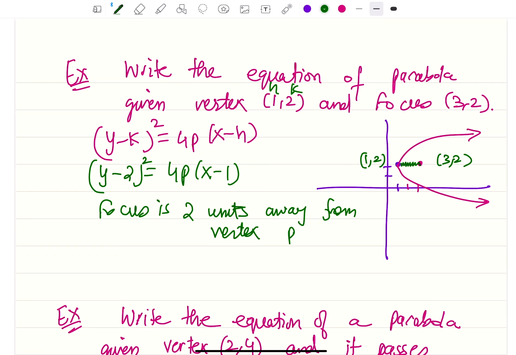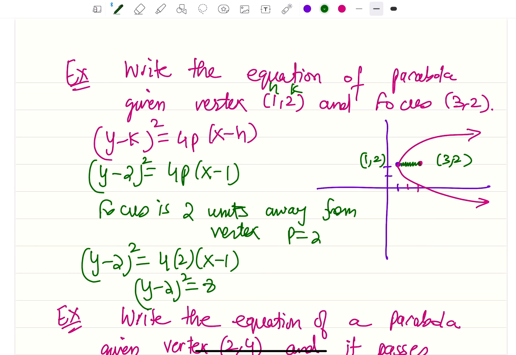That means p is equal to 2 because p is the distance between focus and vertex. So we can plug that in and we have the equation of our parabola. y minus 2 squared equals 8 times x minus 1. And that's the equation of the parabola.